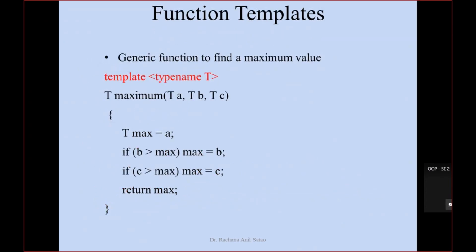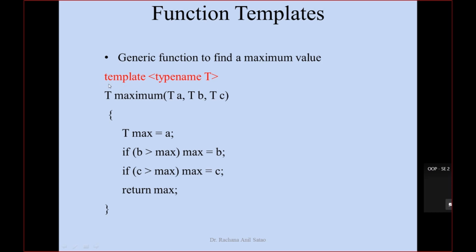Now let us see what is the syntax of it. So the same example we are writing over here. This is the line which is written in red, an important line which mentions that this is a function template. Now I am starting with writing a function template. Template is a keyword.